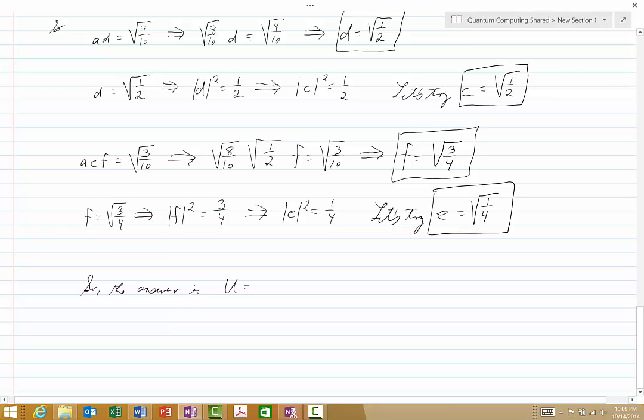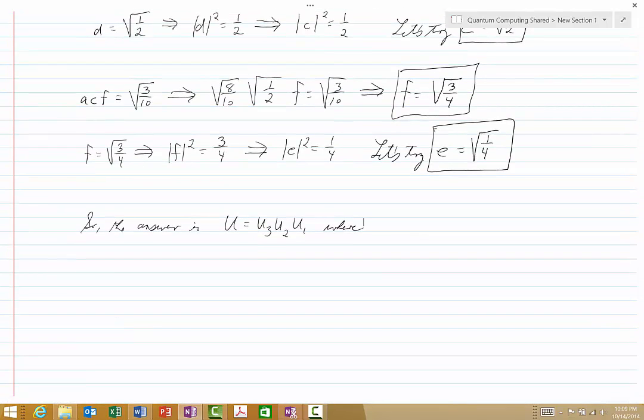U equals U3, U2, U1, where, well, let's do it in the order of U1, U2, and U3.